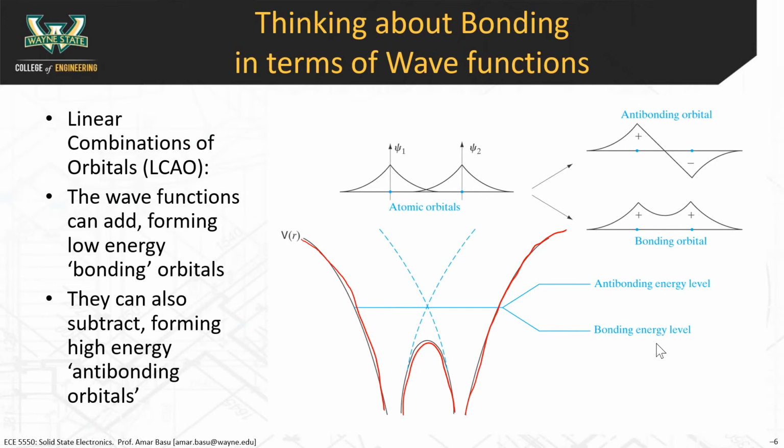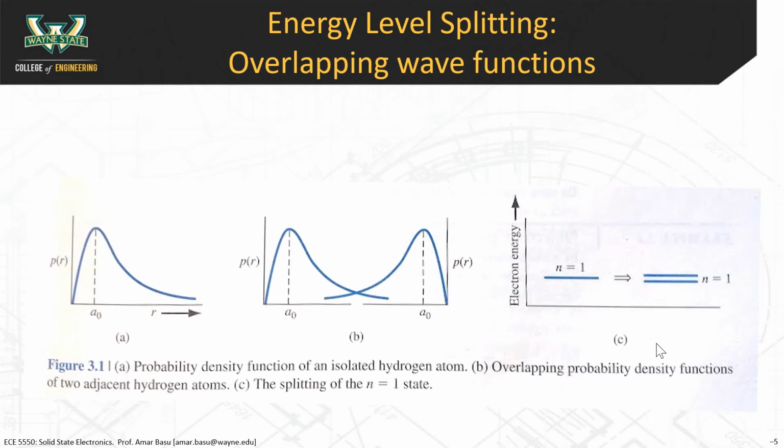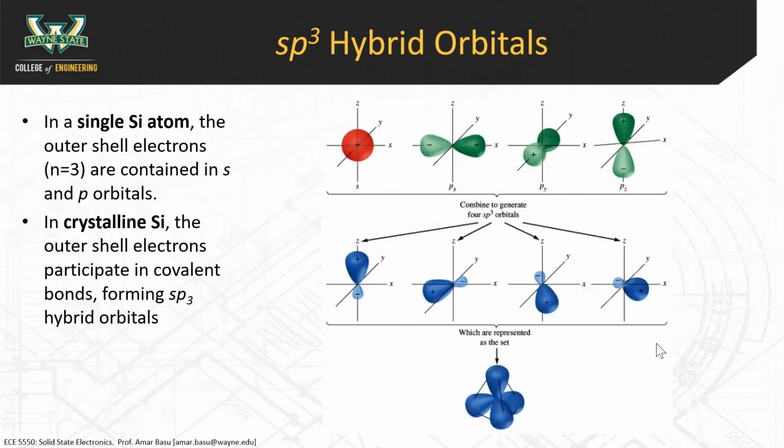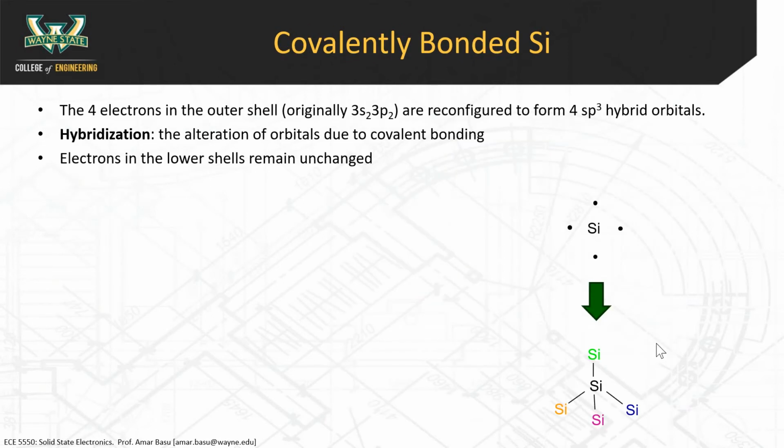So for the anti-bonding orbital, is that when the electron configuration has to reconfigure itself then? Well, I'm not sure what you mean by reconfigure. So if you go back a couple slides, we're seeing the direction of the spins. This one? Well, even farther. Oh, this slide here. Yeah.